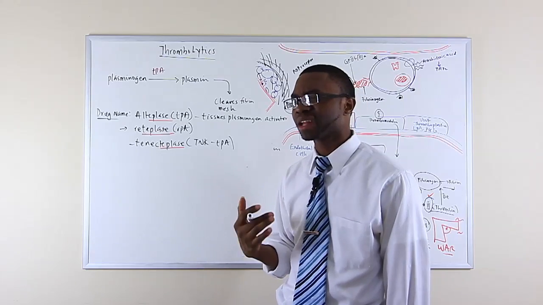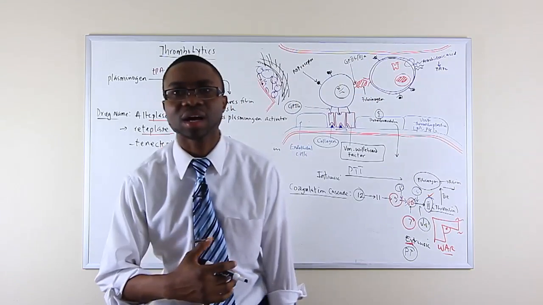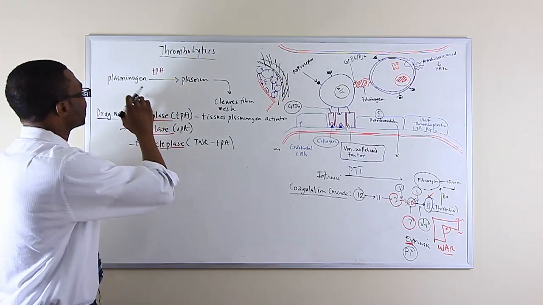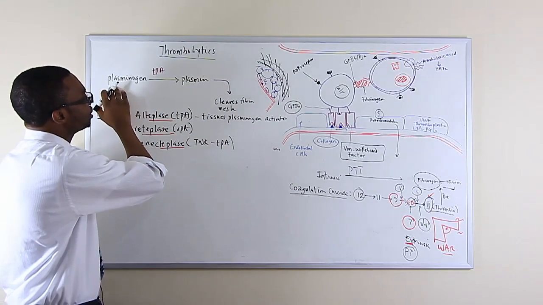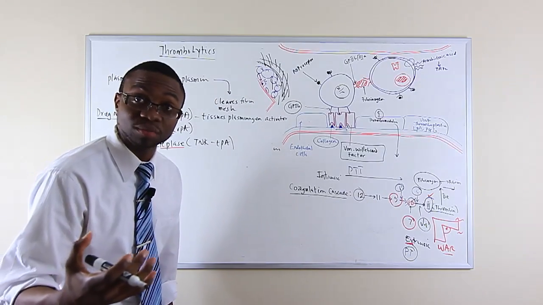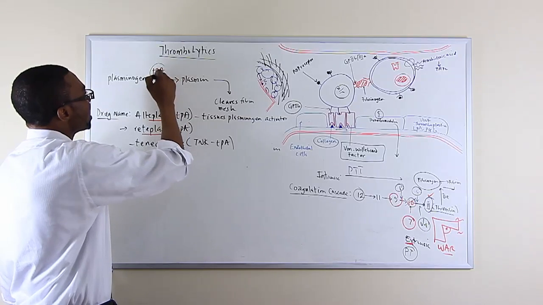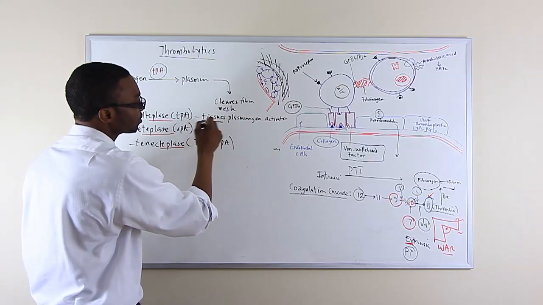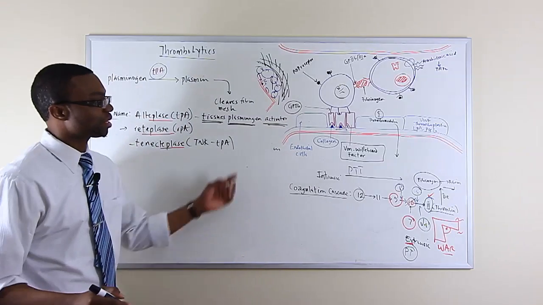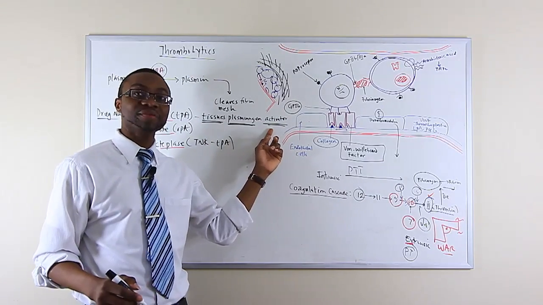I said that they're clot busters. Well, how do we bust a clot? We've talked about how we form a clot. Let's figure out how the body does this. Normally, plasminogen, which is an inactive form of plasmin, is found in the tissues and it needs to be activated.